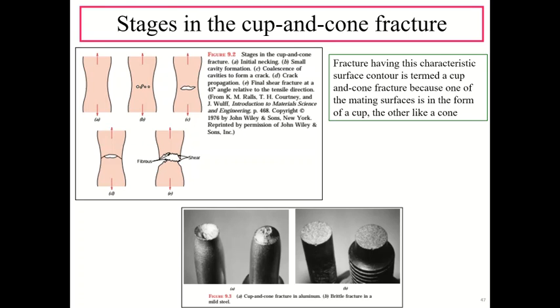But mild steel will undergo a brittle fracture, and the surfaces will look like this, because the crack is generated almost perpendicular to the tensile load. Here in the ductile fracture the shear region is at 45 degrees to the tensile load, but in the brittle fracture you can see that the crack is almost perpendicular to the direction of load.